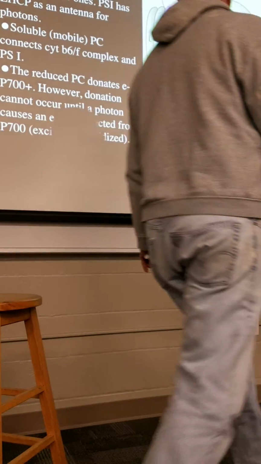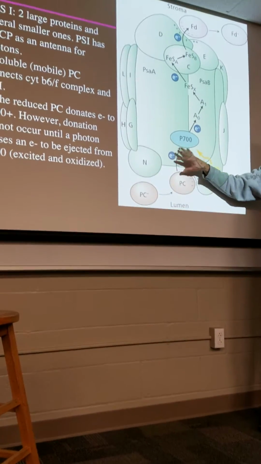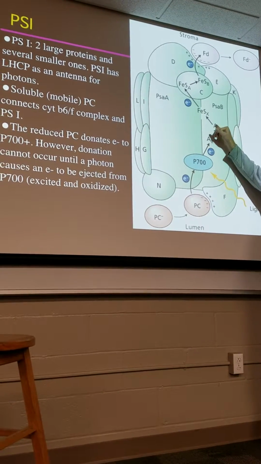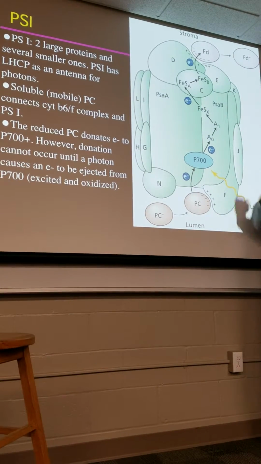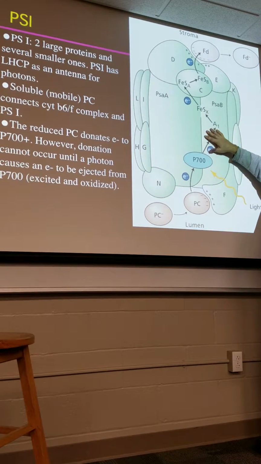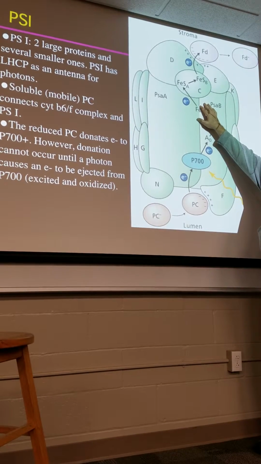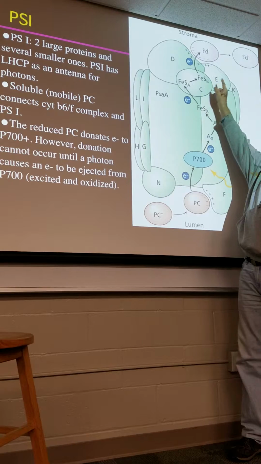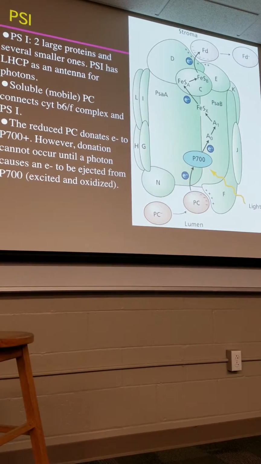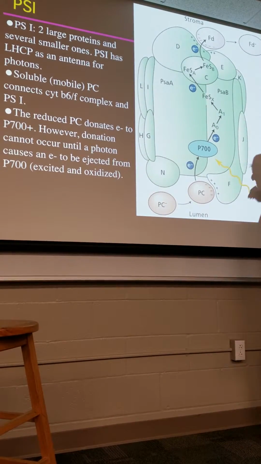All right, and so we've got plastocyanin donating an electron to a reaction center. And then there are a couple intermediate states that exist, including another iron-sulfur protein, two of them actually. And eventually the electron is donated to ferredoxin.